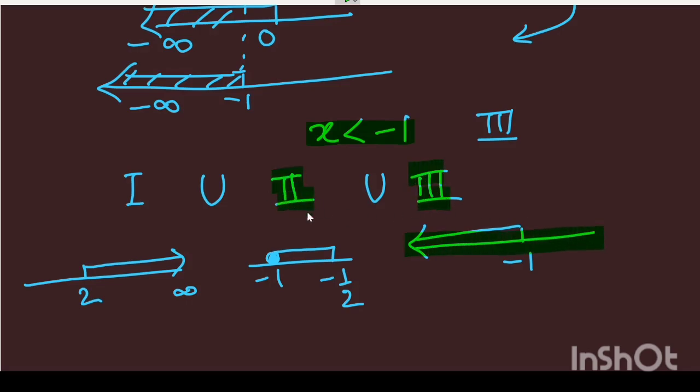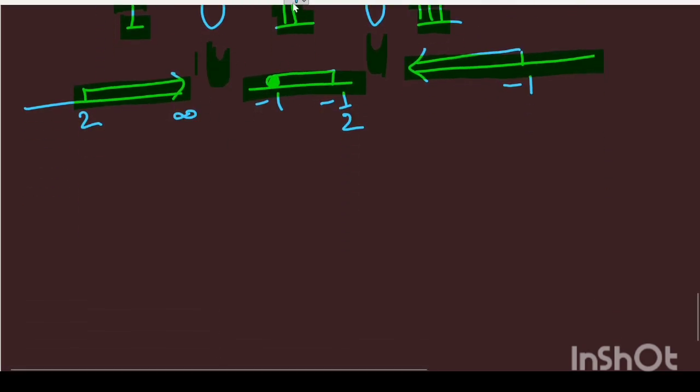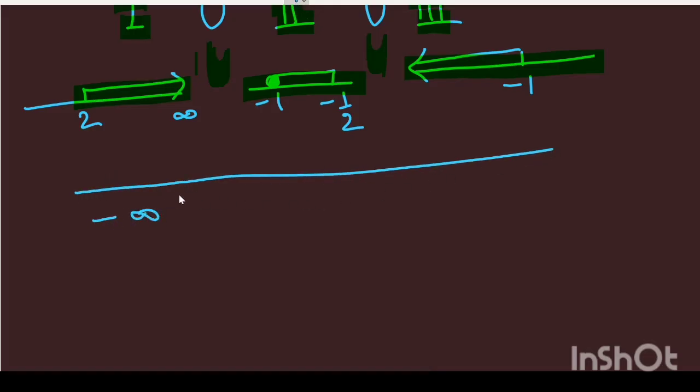Second part we did was minus 1 to minus half. First part we did was 2 to infinity. Now we will take the union of all these, which gives us minus infinity to minus 1, plus first, then minus 1.